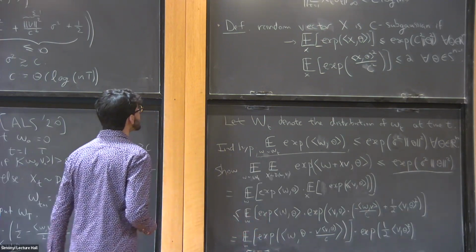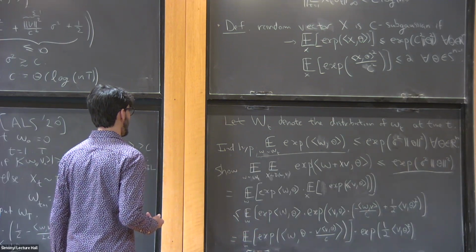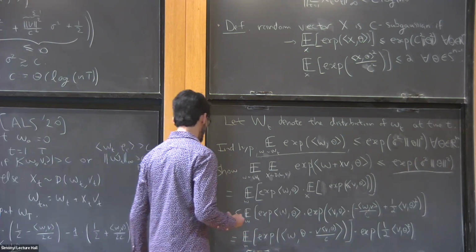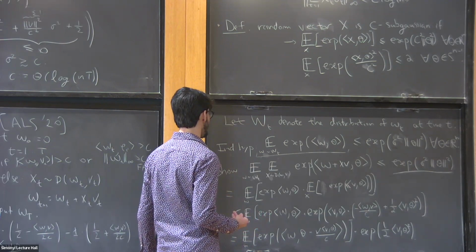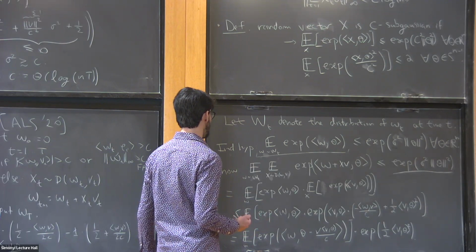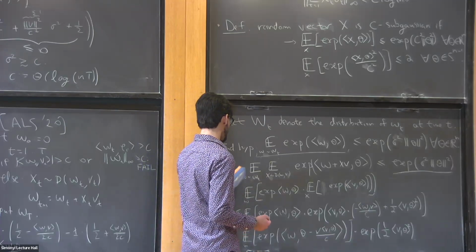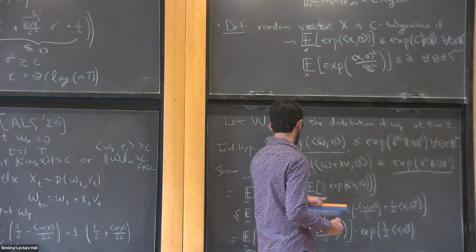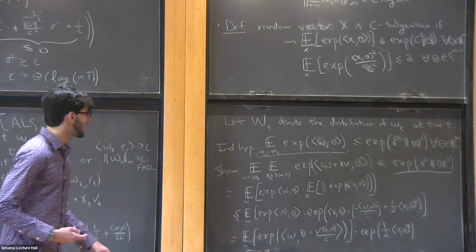Where exactly would this break? I also think maybe this first step might not work because you're pulling off this thing from the expectation, and actually there's some dependence here on V. Oh, right.